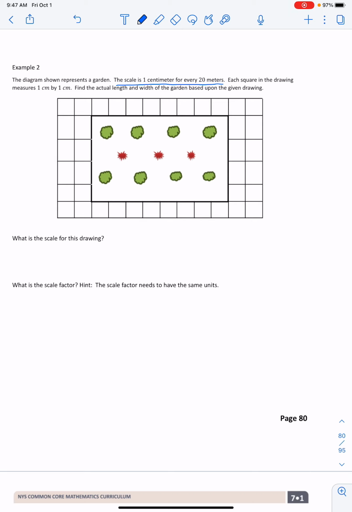Again, all we're going to do is find, 1, what is the scale of the drawing? So we have our scale, which is 1 centimeter, which equals 20 meters.